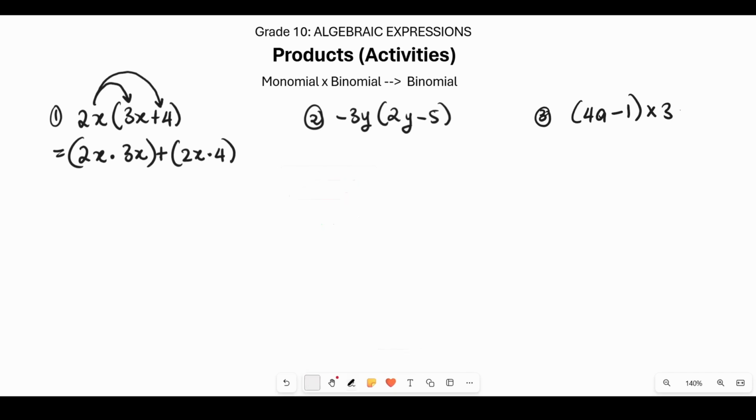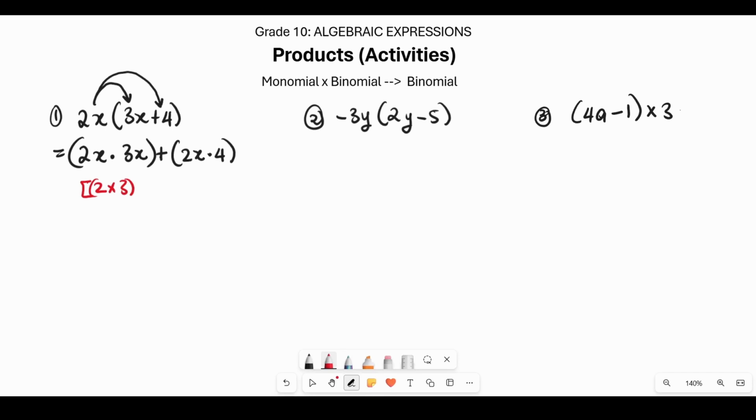Why do I write it in this case? It is because I want to remind you of a certain rule that we talked about. If you have something like this, 2x times 3x, let me just use square brackets for now. The 2 will multiply the 3, then the x will multiply the x. Let me use a different color.